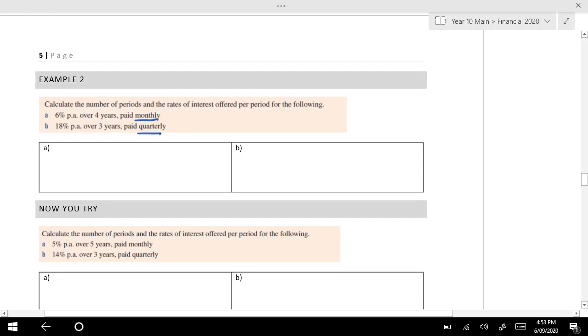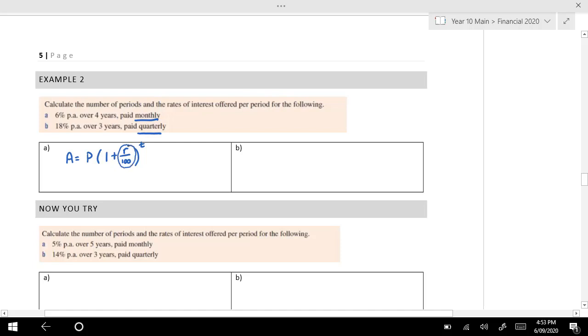First of all, my compound interest formula is 1 plus R over 100, to the power of some time. Now, if we're paid monthly, then we're going to have to break this rate up.